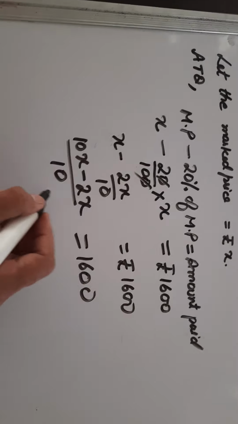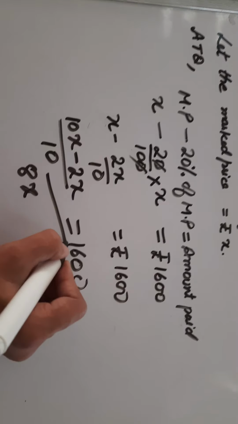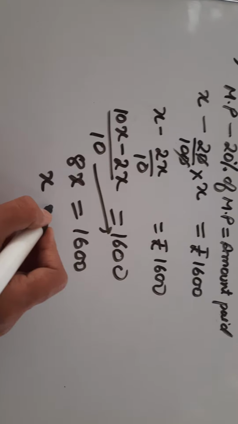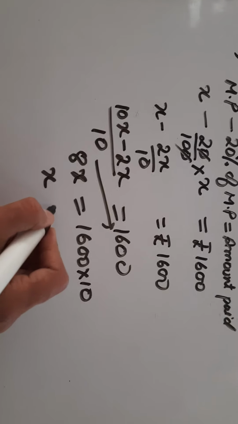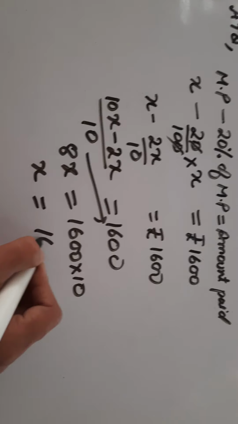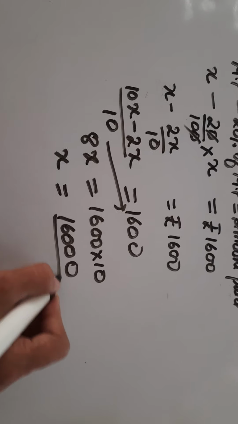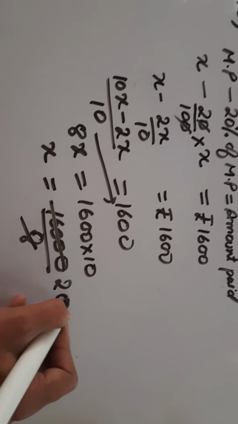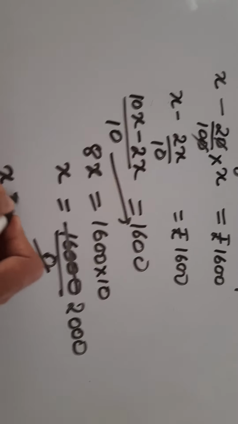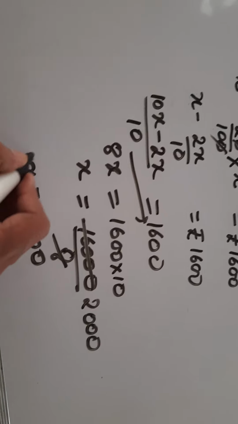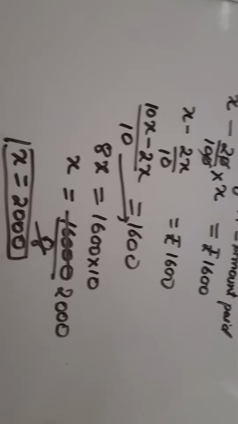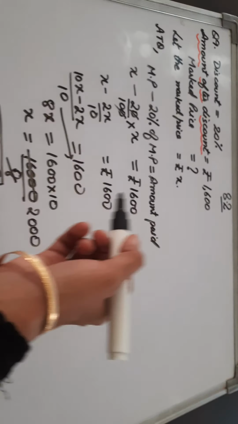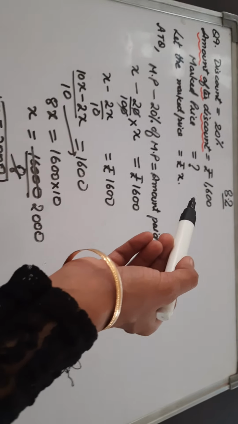So 10x minus 2x is 8x, and we'll make it cross multiplied 1600 into 10, x is equal to 16,000 divided by 8, again by cross multiplication. So we'll get 2,000. Means originally the cost of the skates was 2,000 rupees, but after getting the discount of 20%, Arun bought them for only 1,600.